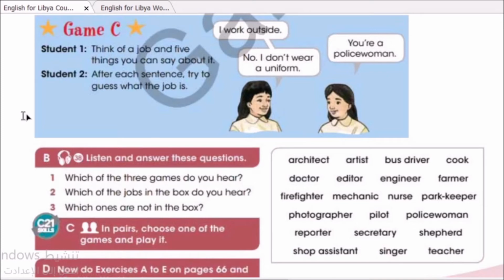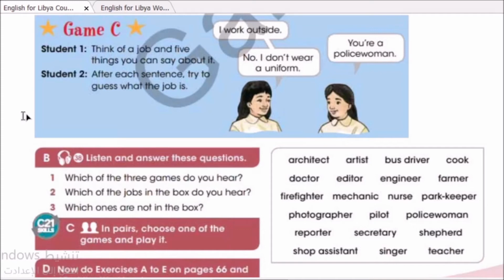I'll listen. Student 1, right, I've thought of a job. Student 2, go on. Student 1, I don't work in an office. Student 2, you're a farmer. Student 1, no. Next thing, I wear a uniform. Student 2, you're an ambulance driver. Student 1, no. Third sentence, I take people to other places.